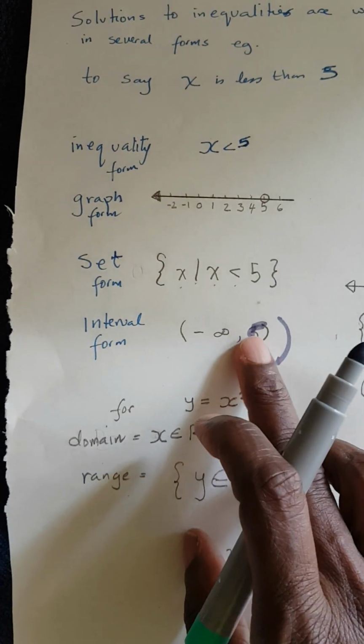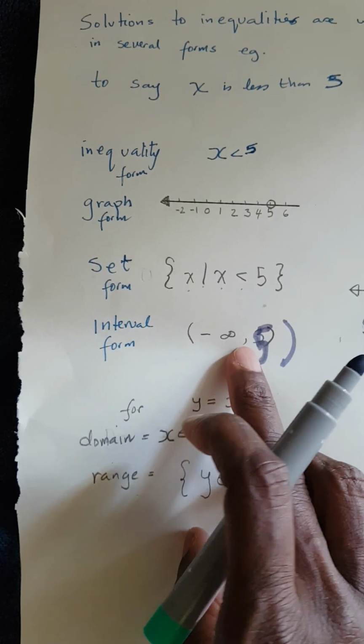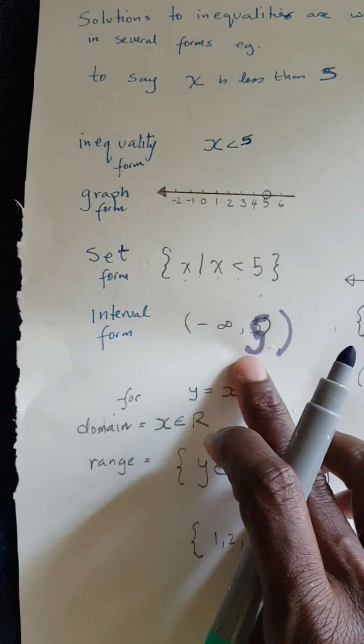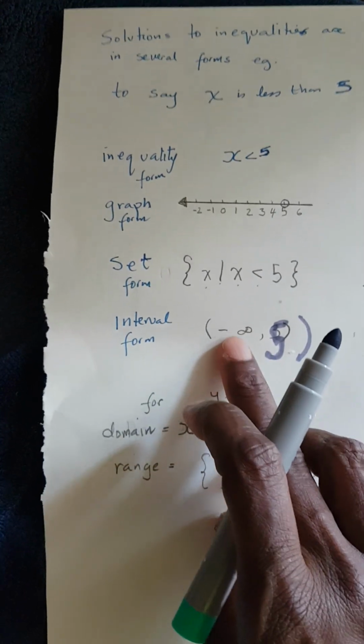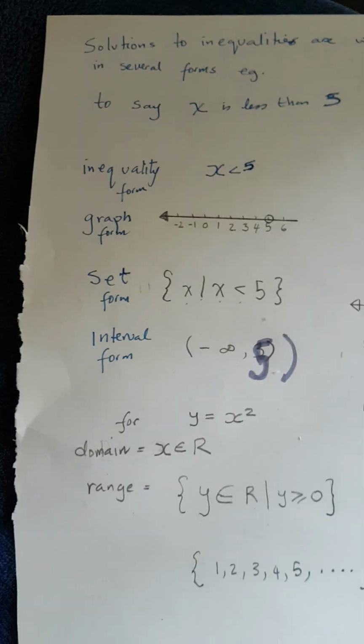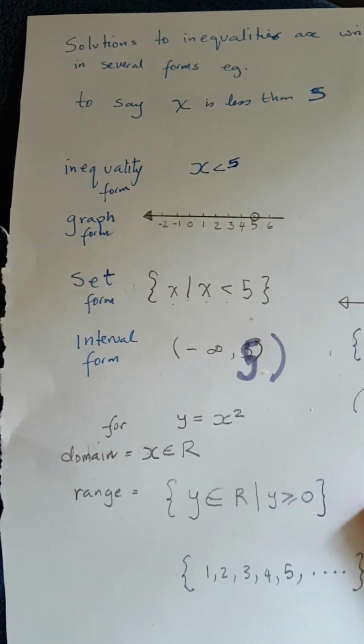So less than 5, the values could be 4.999999999, but it will never be 5. And up to just before minus infinity, but infinity is not a real number. That is why you use this bracket.